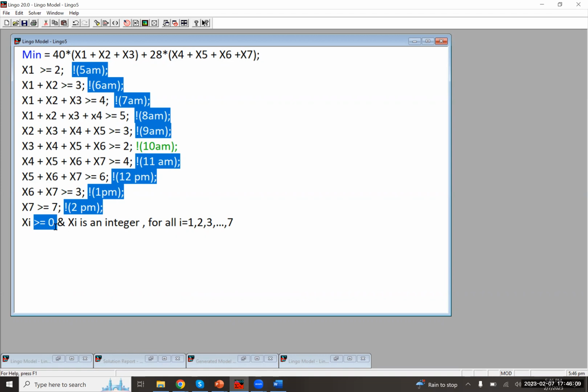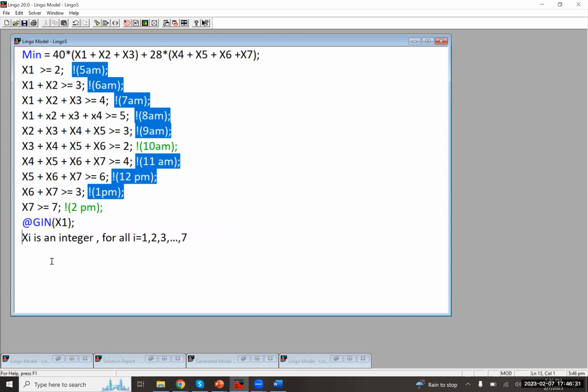So this part can be ignored, right? And for the general integer restriction, in LINDO we use GIN, right? So I'm going to put GIN and then X1, right? I'm going to copy this.